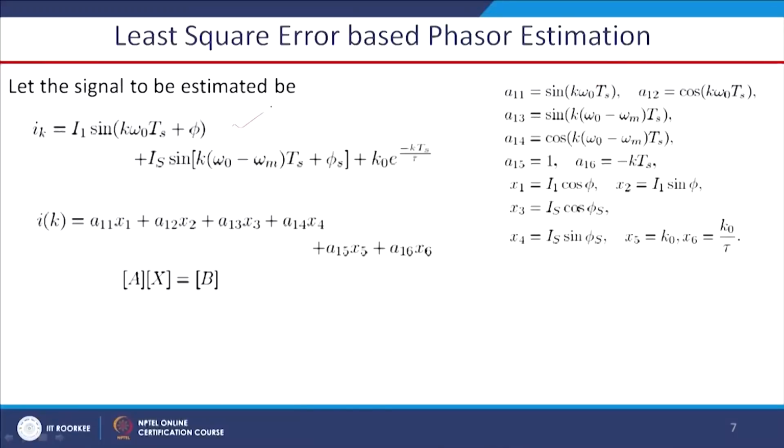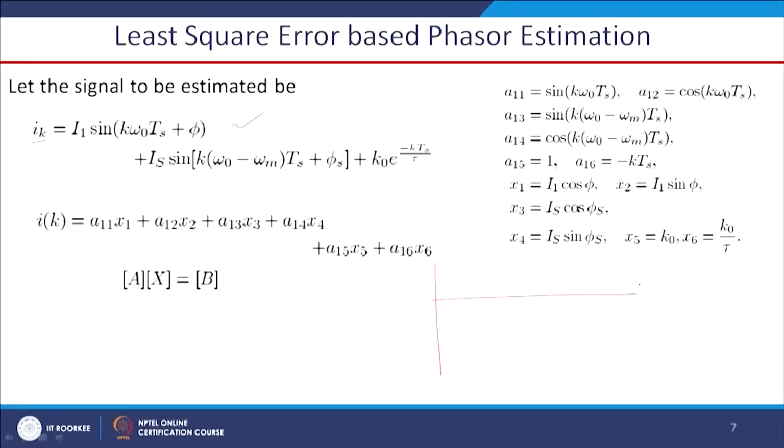Now, I have just taken here one current signal. This current signal starts like Ik. This k stands for at kth instant of sampling we have considered the signal Ik. If you could remember, in the previous class we have discussed the sampling of a particular analog signal.